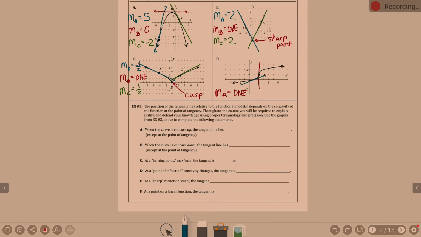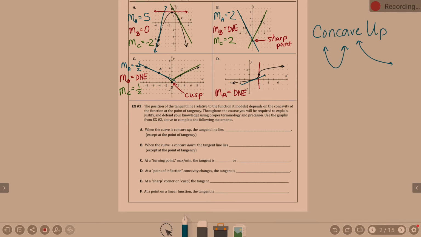Find a spot to put this in your notes. Concave up is when something is bowled upwards. For instance, as Connor said, a parabola. That's concave up, something that is bowled up. A regular exponential function could be considered concave up.